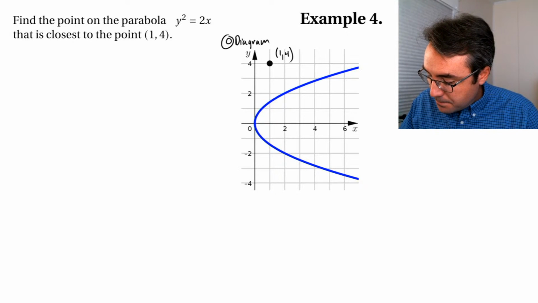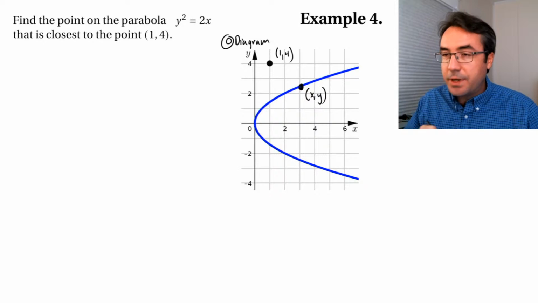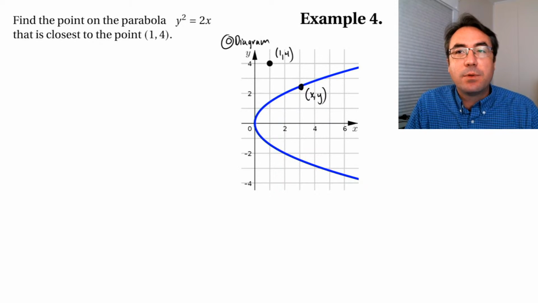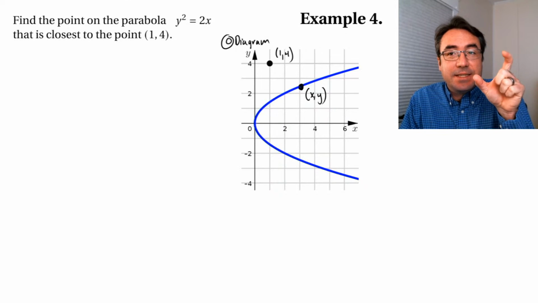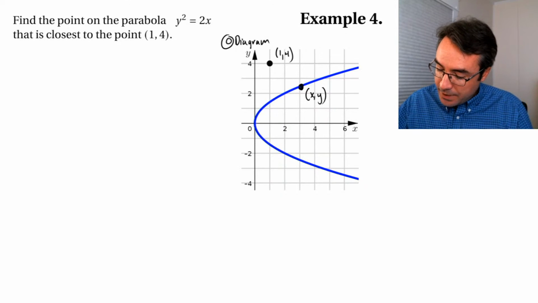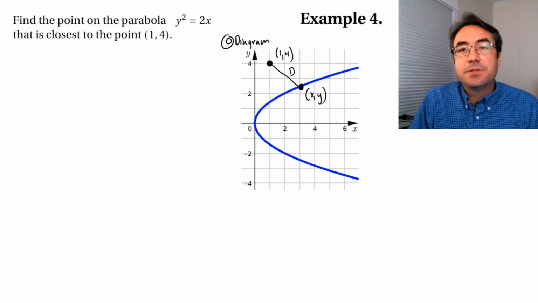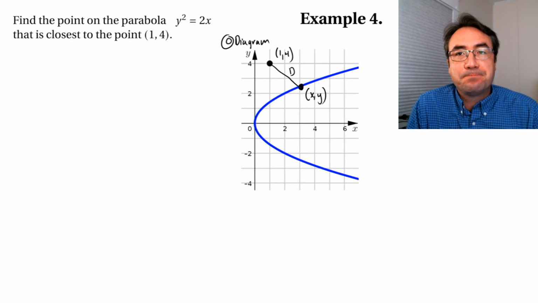So if we have some point x comma y that's on our parabola, what we're interested in is the distance between that point and the point 1 comma 4. So that's really what we're interested in.